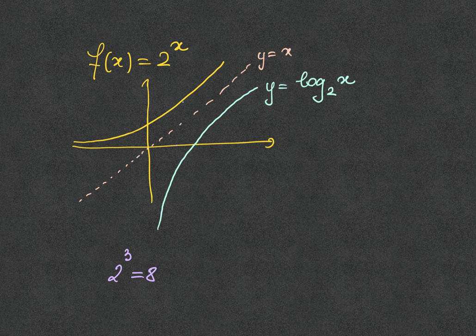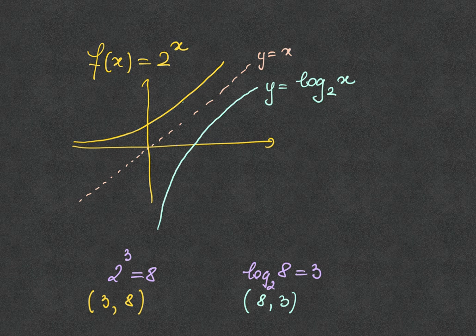So on y equals 2 to the power of x, we have the point 3, 8: when x is 3, y is 8. On the graph of log, because it's symmetric on y equals x, we are going to have the point 8, 3. Therefore, log in the base 2 of 8 is 3.